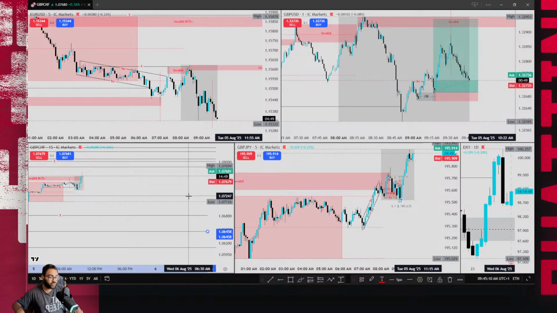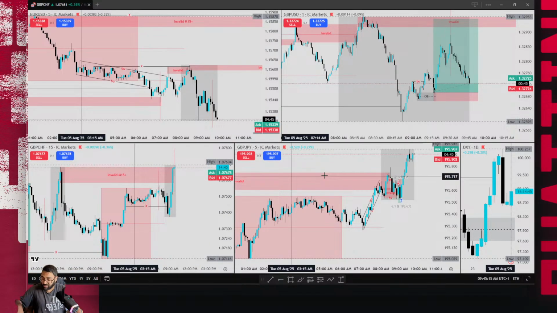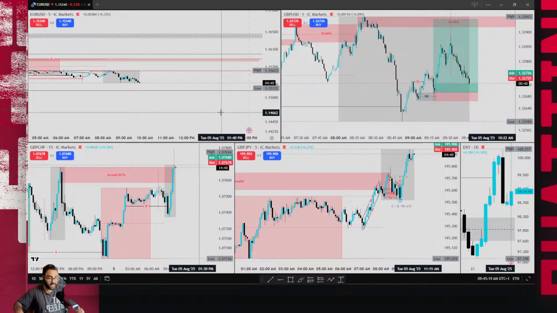I love just trading London session because then your whole day is free. Once you've traded London, your whole day is completely free.